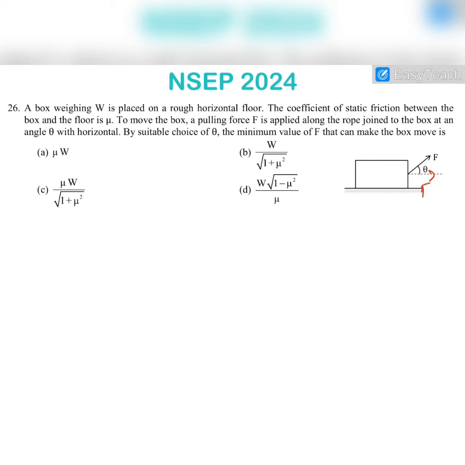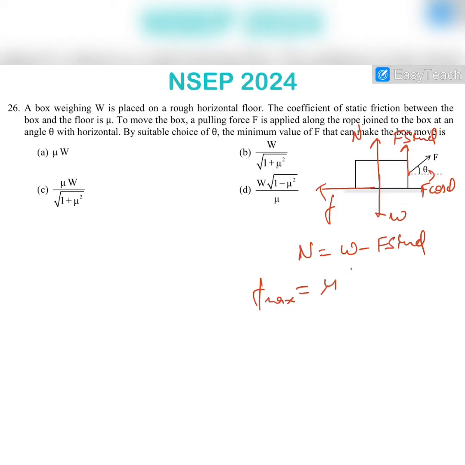So this is F cos theta and this is F sin theta. W is acting in the downward direction and friction is acting in the backward direction, and this is the normal reaction. So normal reaction will be equal to W minus F sin theta, and the maximum friction which can act on this block will be mu N. So it would be mu into W minus F sin theta.